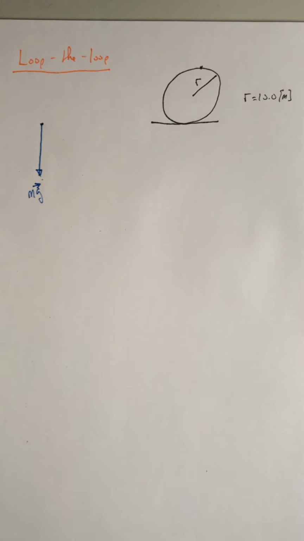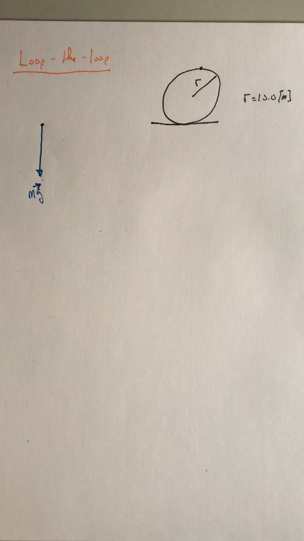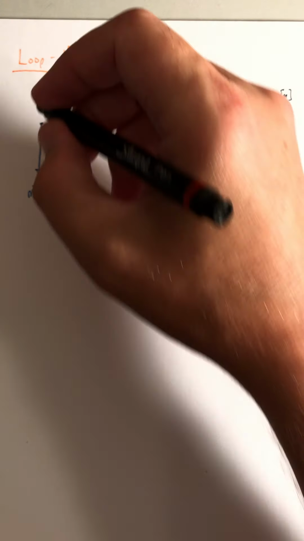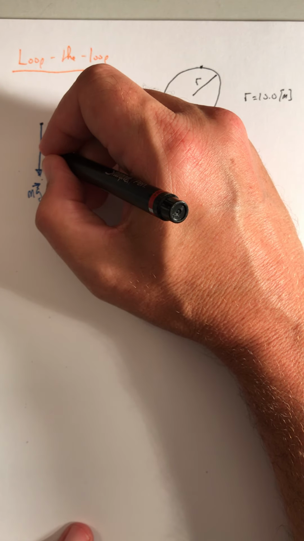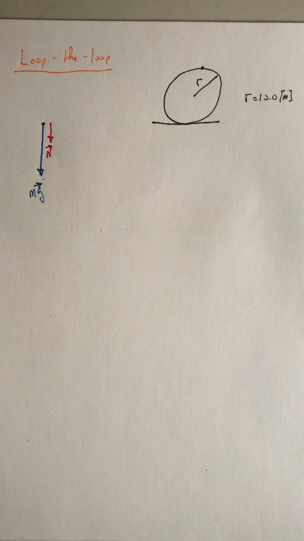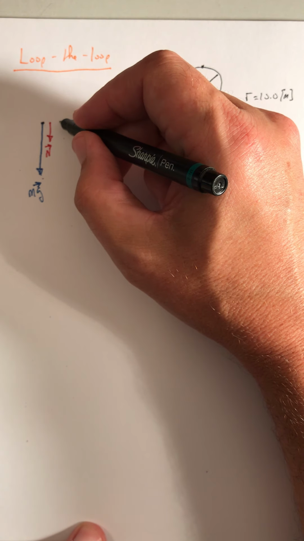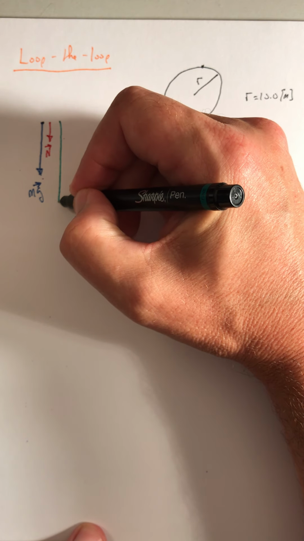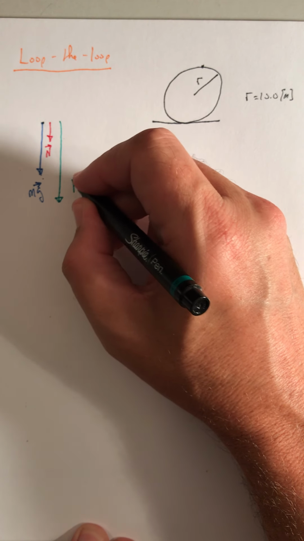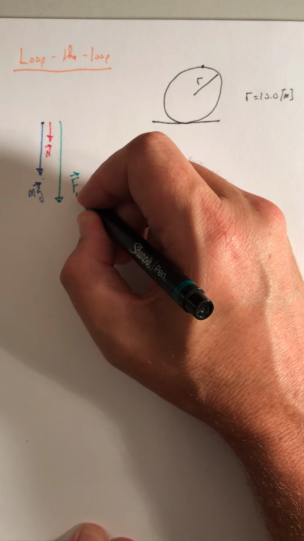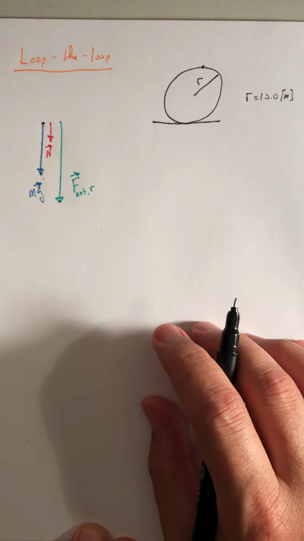It may also have a normal force from the track pushing down. So I'm going to put that in as well. And then if we add those two vectors together, that's going to give us our net force, which is going to be the force in the radial direction. So I'll call that F net, its radial component.